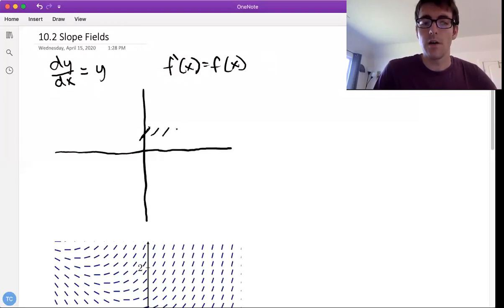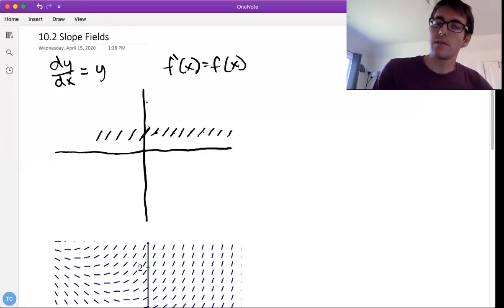So whenever our y value is 1, our slope is going to be 1. We can draw a whole bunch of these, but as we go upwards, our slopes are going to increase. At 2, the slope is 2, at 3, the slope is 3, etc.